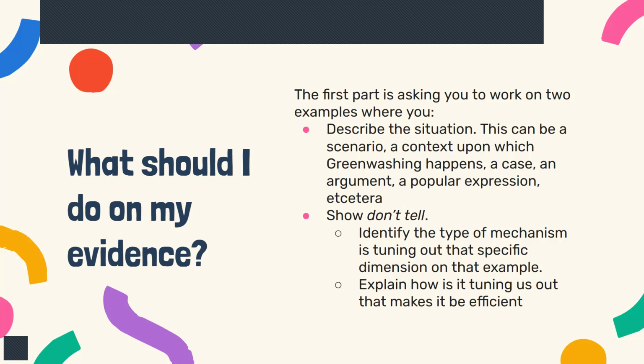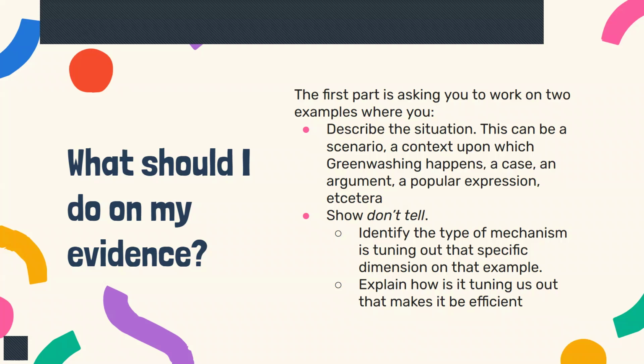So it's not just that it's greenwashing, but which greenwashing it is. Then you say, for example, green by association is described as, and you give us the citation. You can use the Genialist that we have in our class, taking them as presentations. Then you show where it's happening on the image.